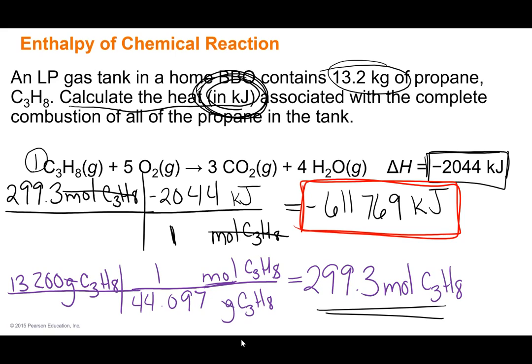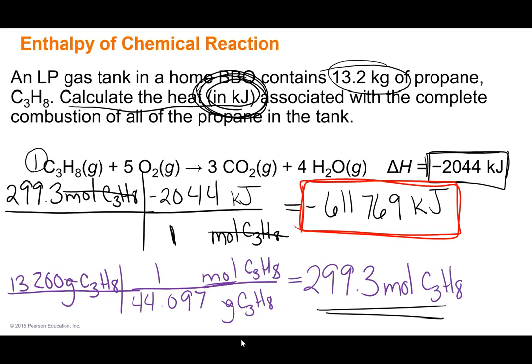And if I open it up, and I just let all of that propane burn off. So I turn on my grill and I just leave my grill open and I let it go till the propane's gone. How much energy or how much heat would be given off by that grill? We calculated that 611,769 kilojoules would be given off.